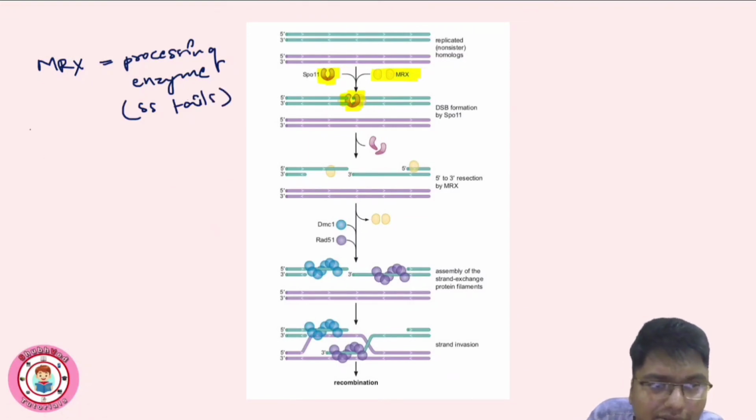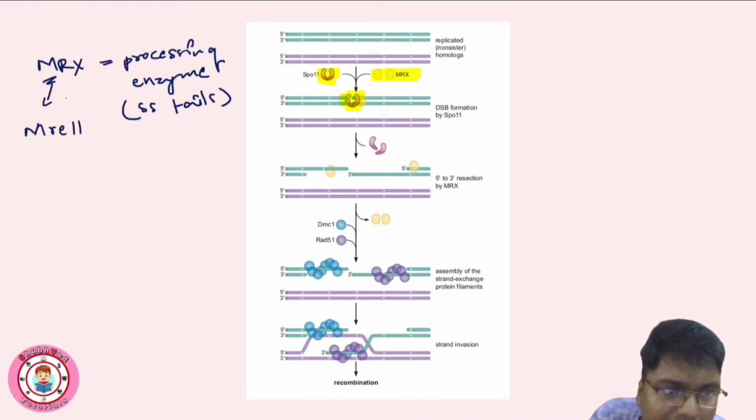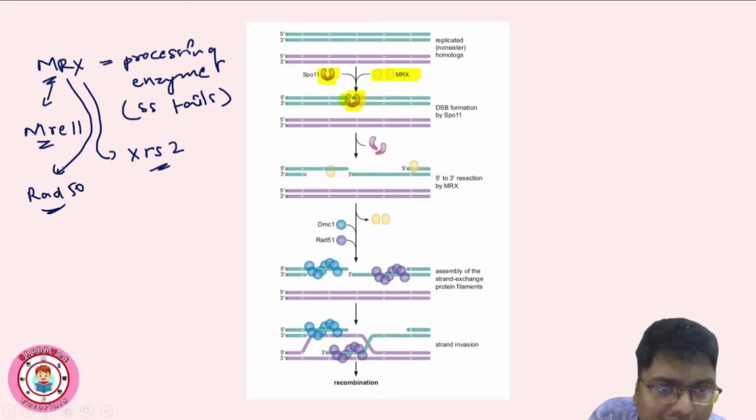Okay, so what is this MRX? So this M stands for MRE11, R stands for RAD50, and X stands for XRS2. So this is a complex of 3 proteins, giving rise to the name MRX. Okay, MRX.